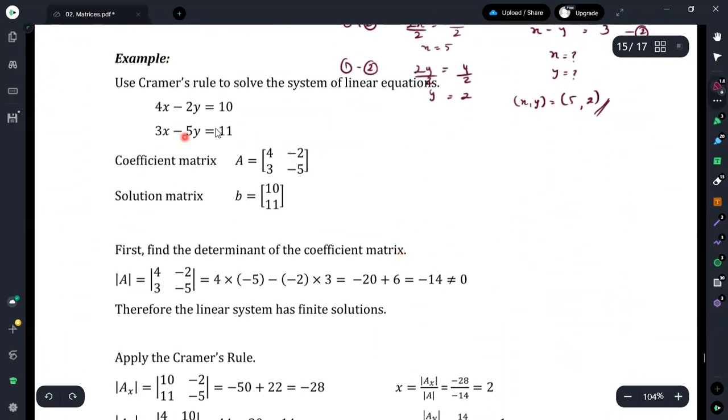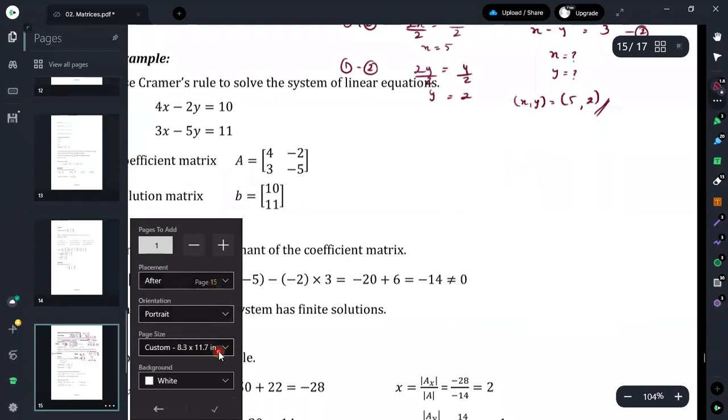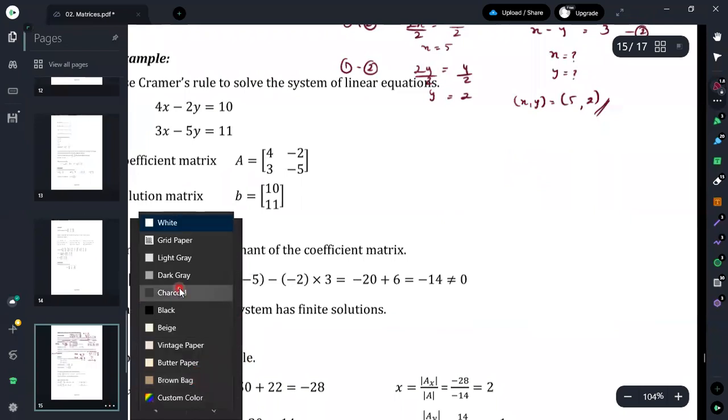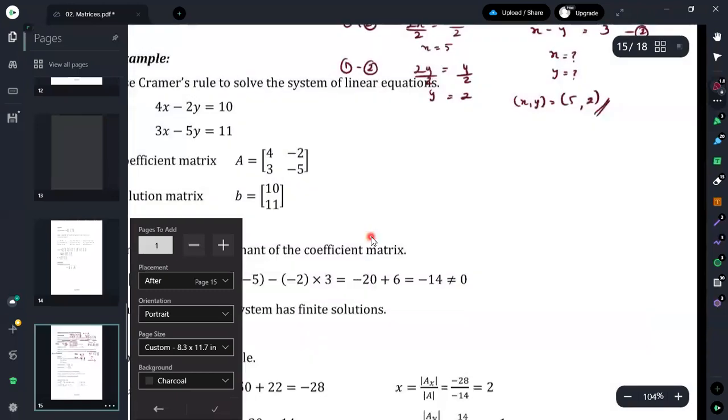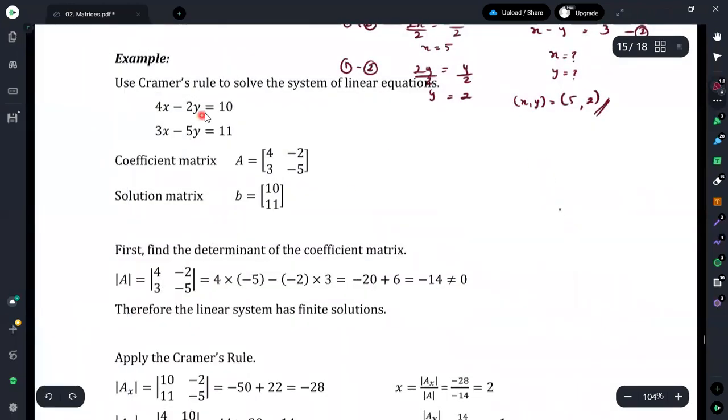Suppose that this is the example that I would like to take for the explanation. Here it is asked to use Cramer's rule to solve the system of linear equations. It is given as 4x minus 2y equals 10 and 3x minus 5y equals 11. Therefore, I will take this simple example for the explanation.